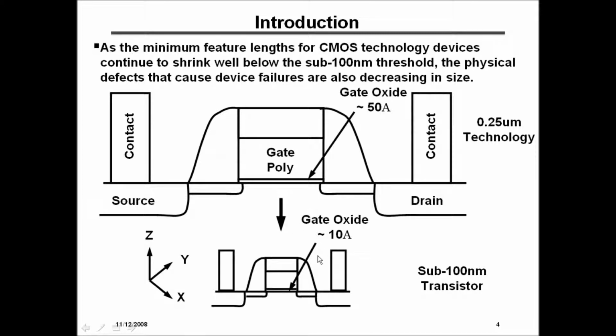With the sub-100 nanometer technologies, the transistors are shrinking in all 3 directions, X, Y, and Z, and gate oxides are down to 10 angstroms, which is just a few layers of atoms, actually. So with such small dimensions, our ability with TEM and SEM and such is getting difficult to actually see what's going on, what's causing the failure.